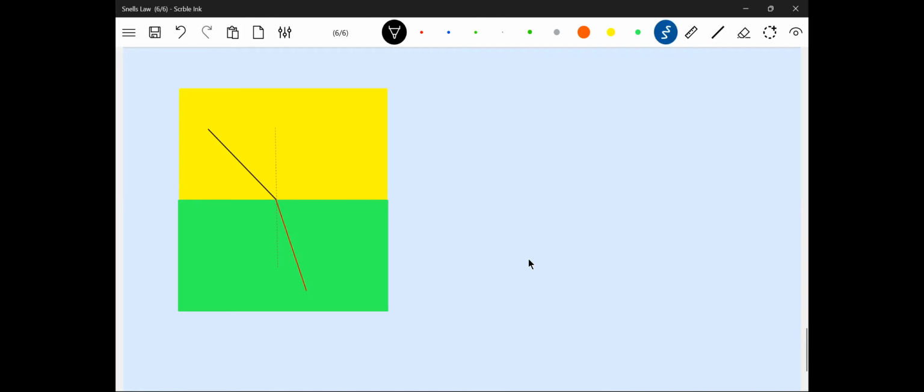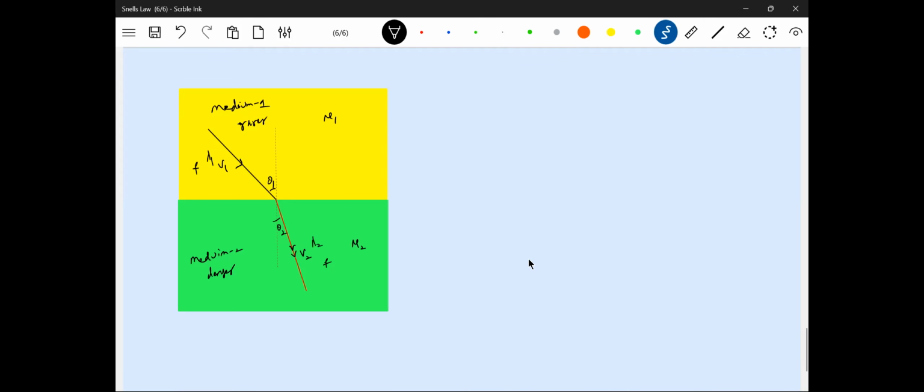Why this bending happens, I gave an explanation, and I'll further clarify things. This is a refracted ray. This is medium 1, mu 1. Here the light will propagate with speed v1. Refractive index mu 2, light will propagate with speed v2. Wavelength of light will be lambda 1 here, lambda 2 there. What about the frequency of light? It is f here, f there. This is medium 2, this is medium 1. This will be denser, this will be rarer.